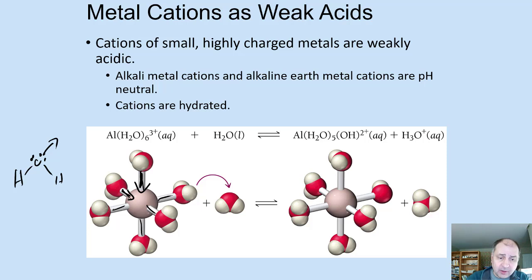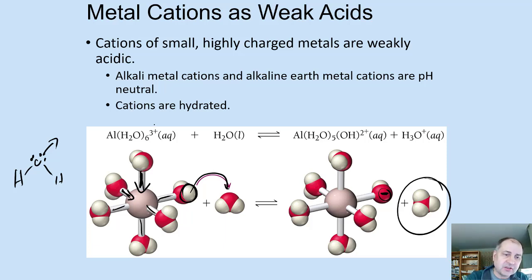But what will happen with one of them, one of these water molecules is actually going to donate the proton to a water molecule to form the hydronium ion, and then you are left with, if you wish, a hydroxide here.